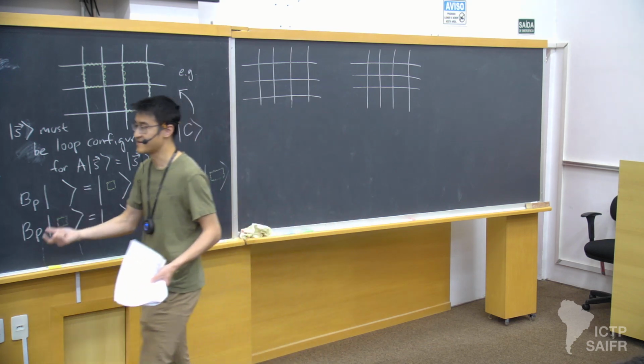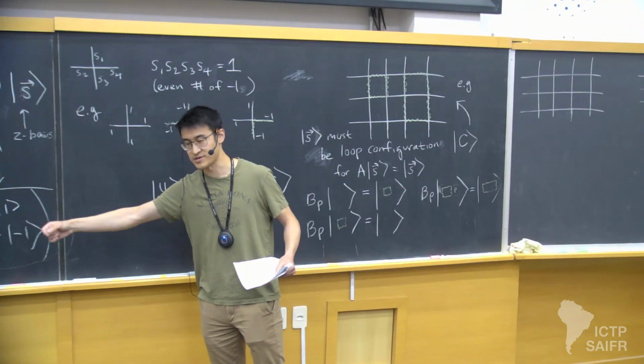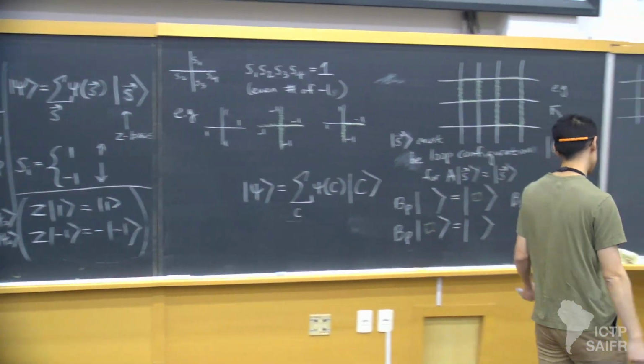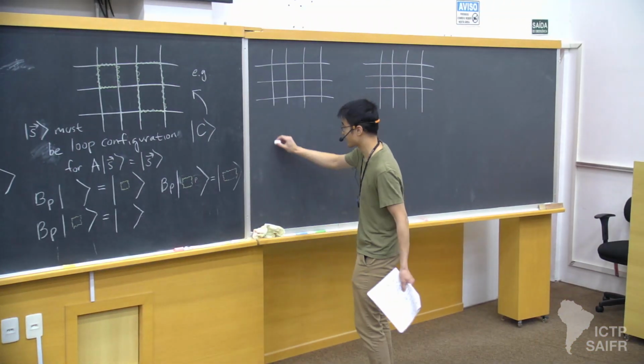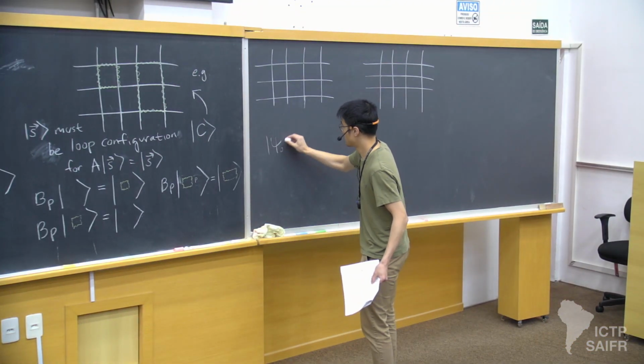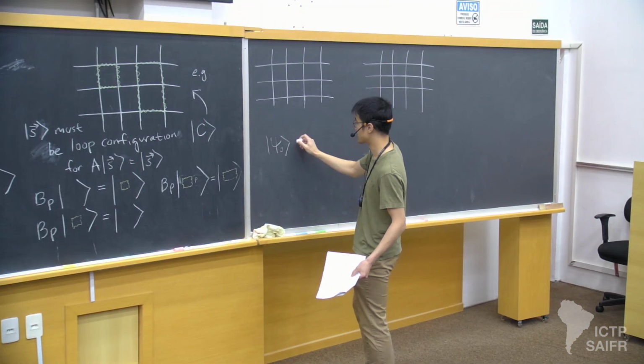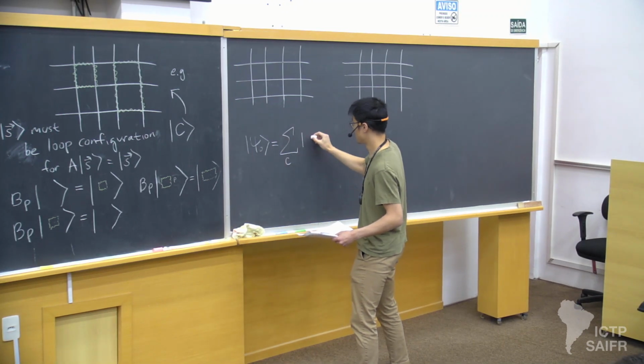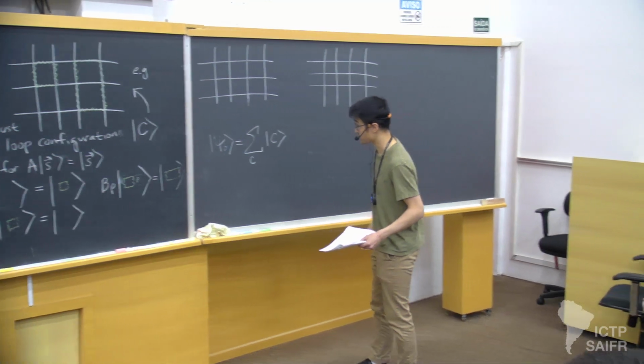This is basically just slightly more involved, but it's the same idea. To be an eigenstate of this thing flipping between different configurations with eigenvalue 1, we want our ground state, psi naught, to be an equal weight superposition of all loop configurations.